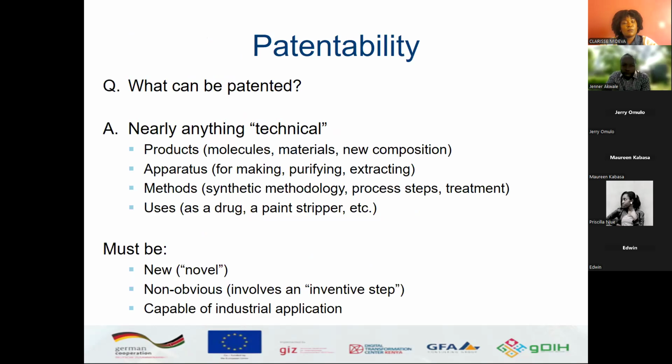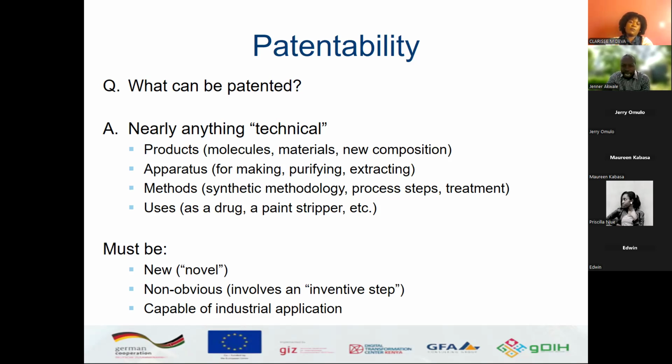So what can be patented? We say nearly everything that is technical can be patented. You look at a computer, it has a technical effect. All those things that have technical effect can be patented. But to narrow down, you have products, either molecule, materials, new composition, all those can be protected.